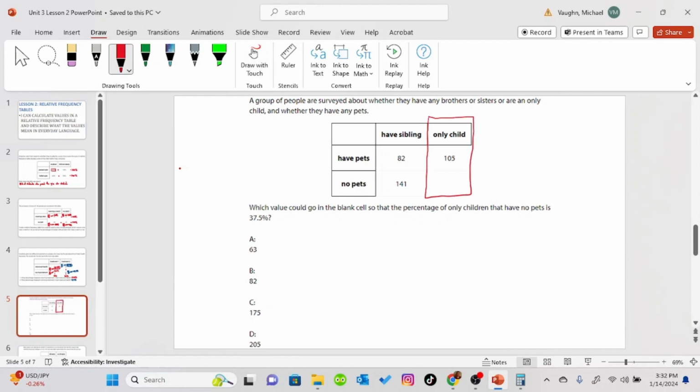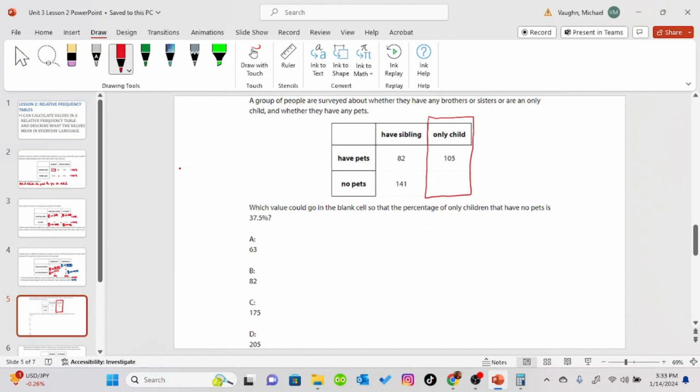If we want 37.5% to be the bottom box, then it would have to be less than 105 so that it would be less than half.